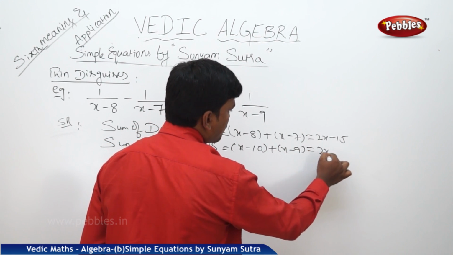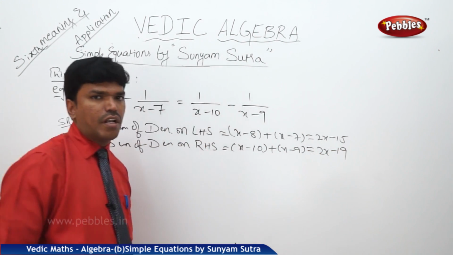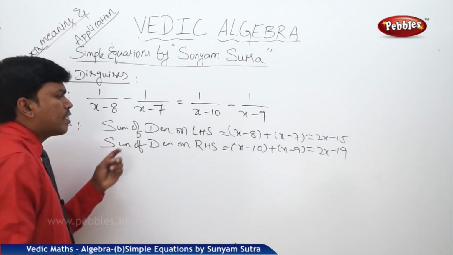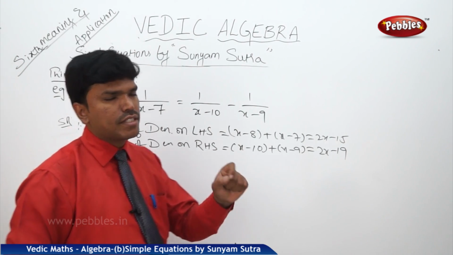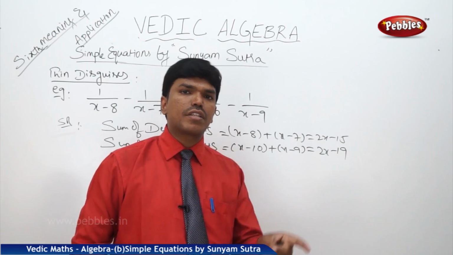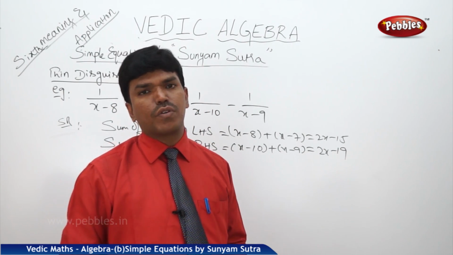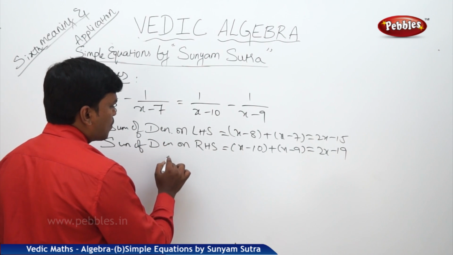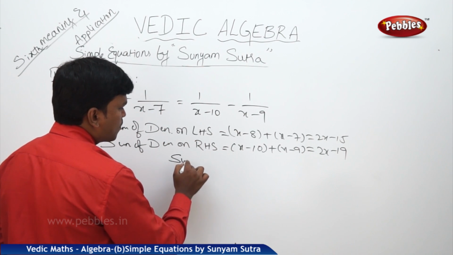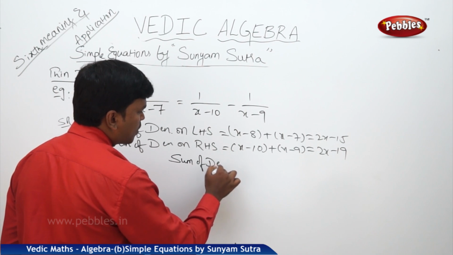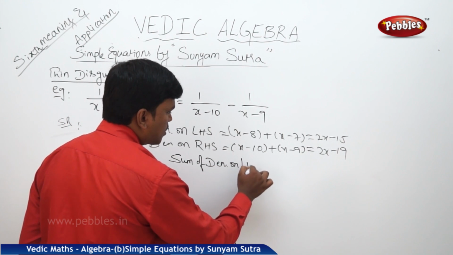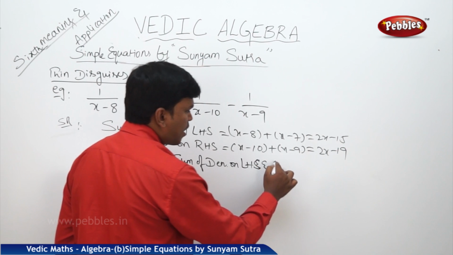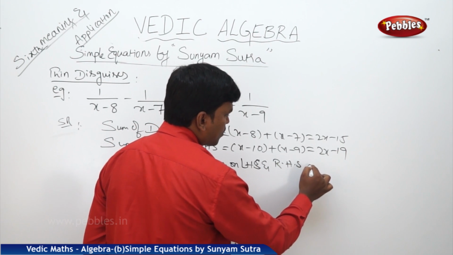How much is it? 2x minus 19. Now check whether the sum of denominators on LHS and the sum of denominators on RHS are both the same. No, they are not the same. They are different. So the sums of denominators on LHS and RHS are not equal.